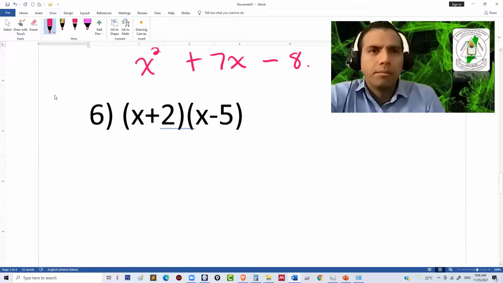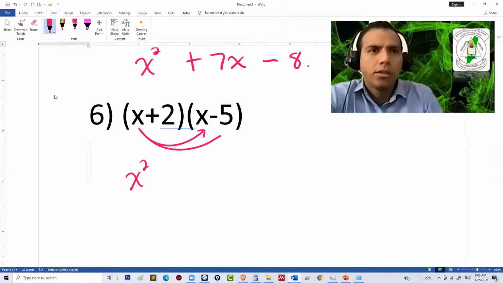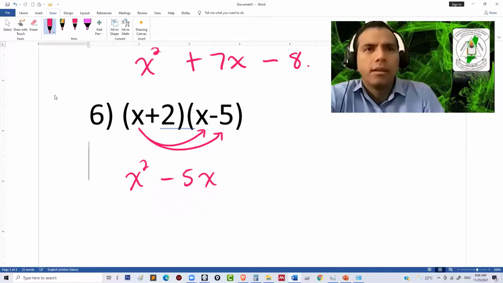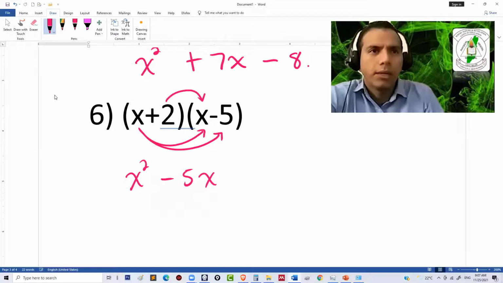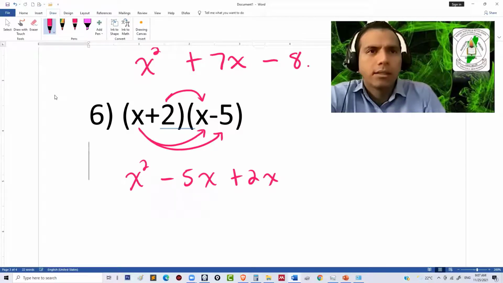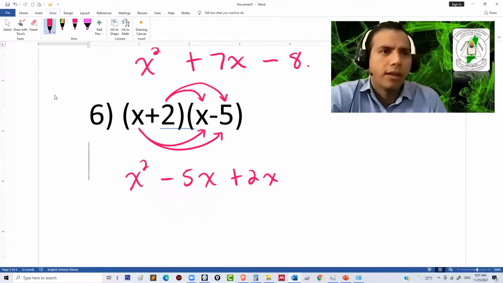In our sixth example, we have (x + 2)(x - 5). First, x times x, which is x squared. The outer, x times negative 5, gives us negative 5x. Then the inner, 2 times x, positive 2x. And the last, 2 times negative 5, is negative 10.